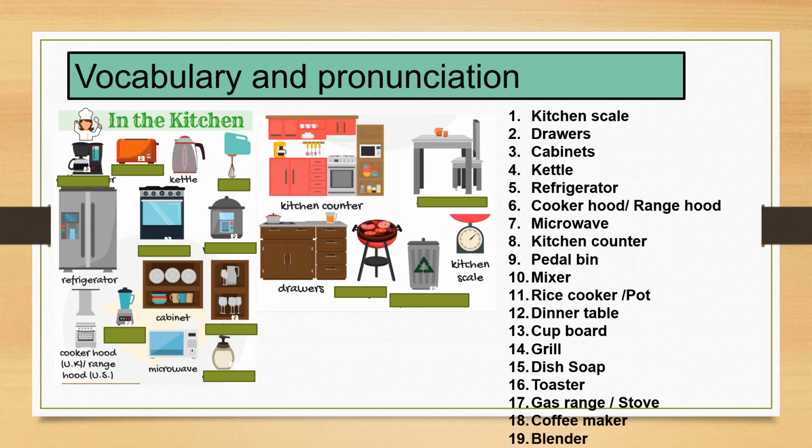Es como la isla o como el pretil, ¿no? De repente que también le llaman como pretil. Como este espacio, is this space where you chop all the vegetables or you prepare the meal, como donde preparas la comida, no sé, como una barra donde te ayudas a cortar o pones cosas, etcétera, ¿no? That's the kitchen counter. Pedal bin.